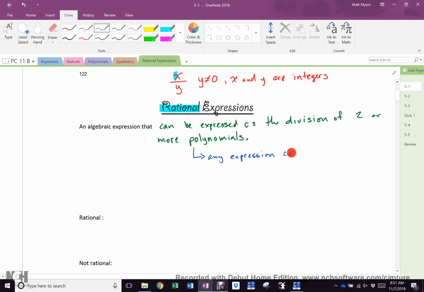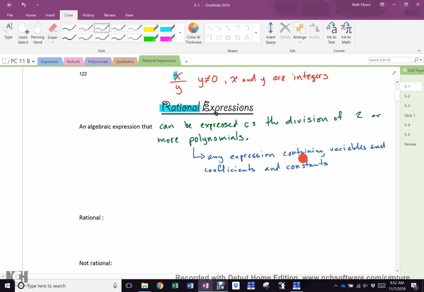Any expression containing variables and coefficients and constants. Now, it's a little more technical than that, as I have said. For example, this 1 over t squared is not a polynomial. But this is good enough for us, all right?